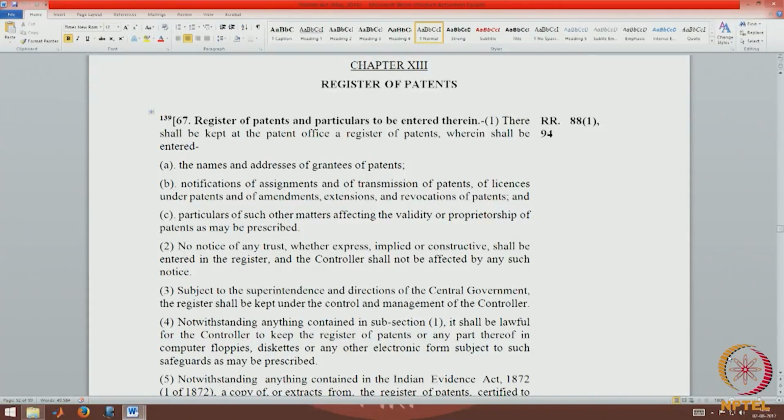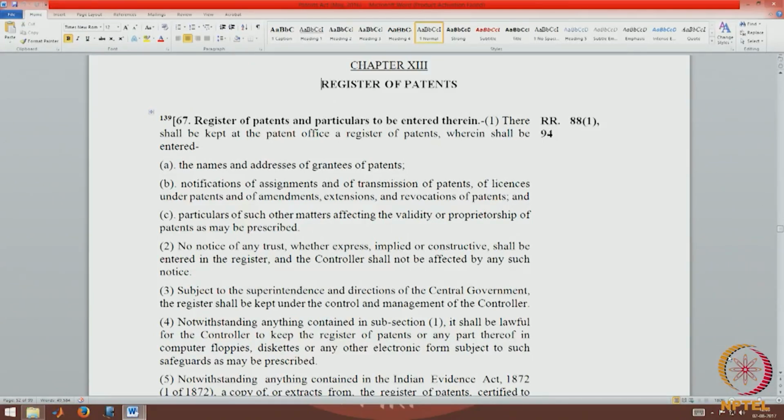Notification of assignments and transmission of patents, licenses, etc., and revocation of patents. So, anything that has happened with regard to a granted patent, whether there has been an assignment or a transmission or a license or amendments, revocation, anything that affects the life or the rights conferred under a patent will have to be recorded in the Register of Patents.